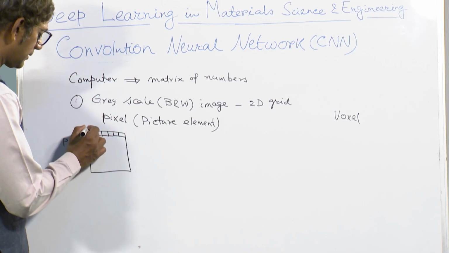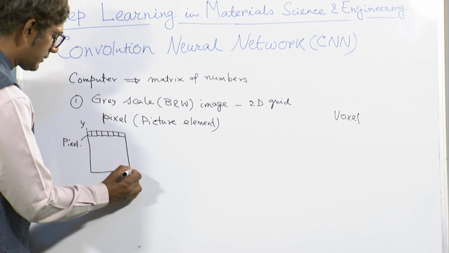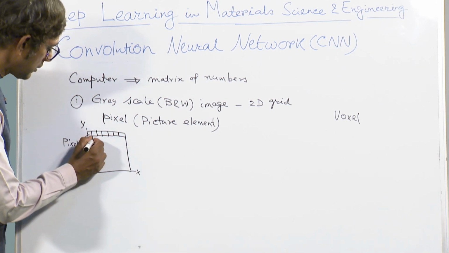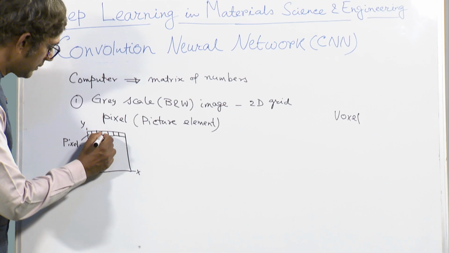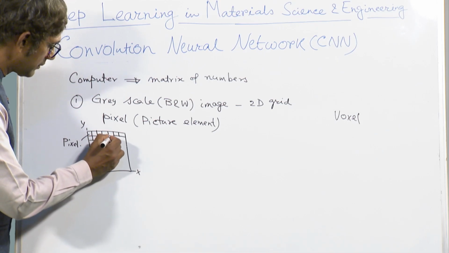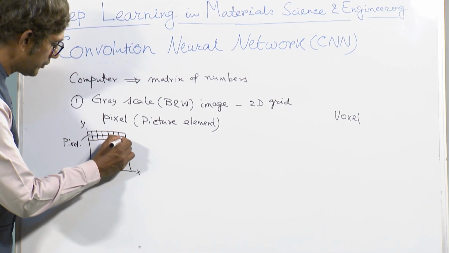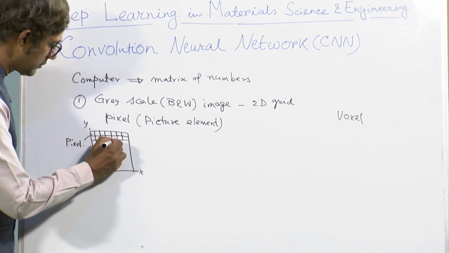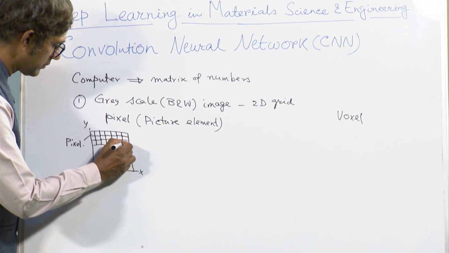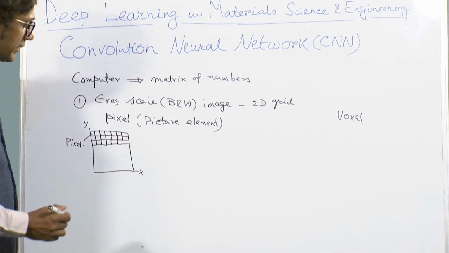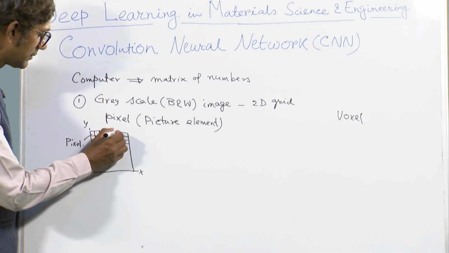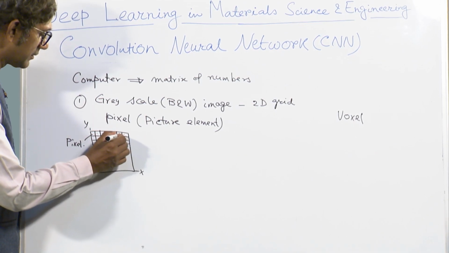So, you have y and x. If I draw all these pixels, I will draw a few of them to show you. We can define each pixel by its center coordinate.